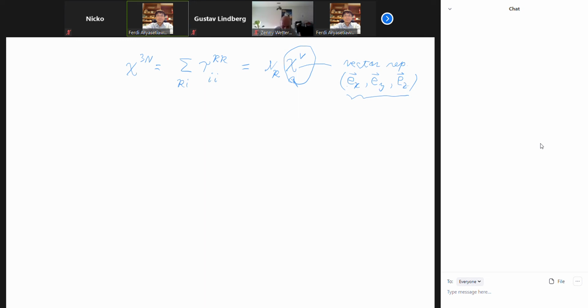So we just repeat here. So we have molecules and we do a symmetry rotation. Then in order to calculate the character of the representation, the chi3n, then we only need to consider those atoms which are not moved by the rotation.